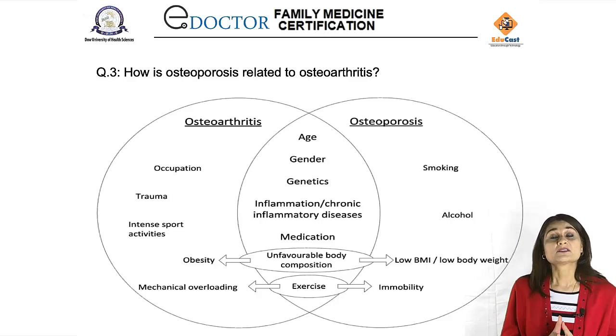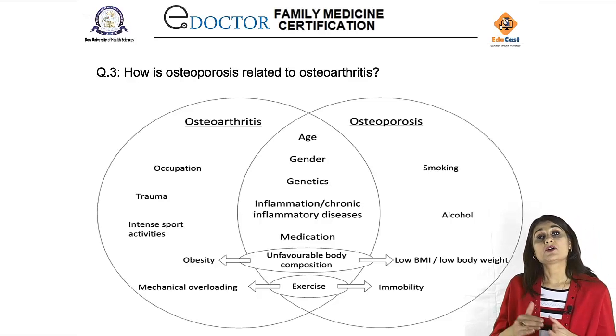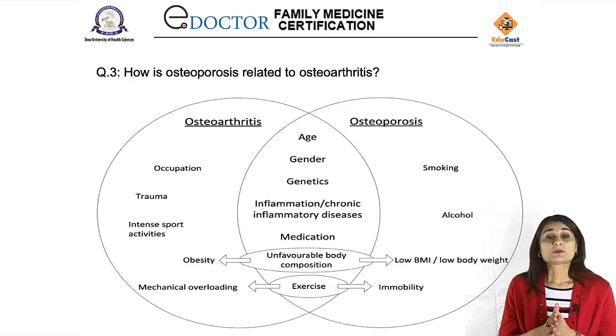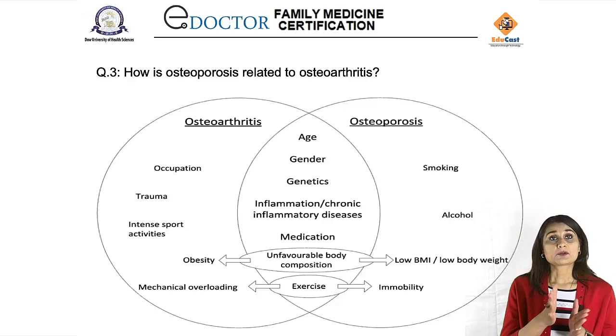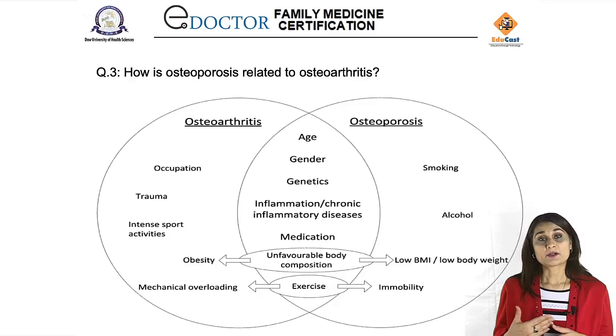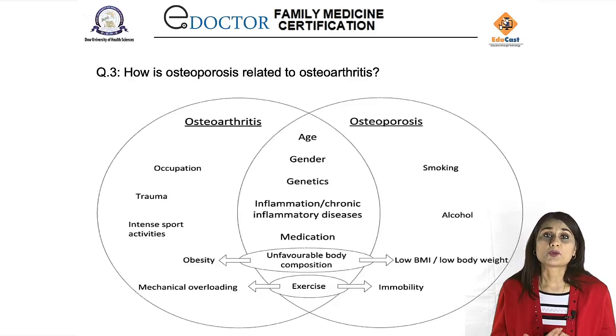But the osteoarthritis patient will be obese, whereas the osteoporosis patient will have low body mass. The osteoporosis patient will be immobile, and the osteoarthritis patient will have more use of the joints. When they are overusing it, they will have more pain.